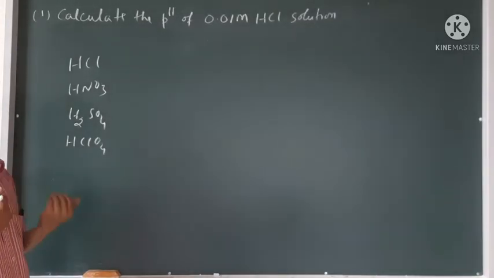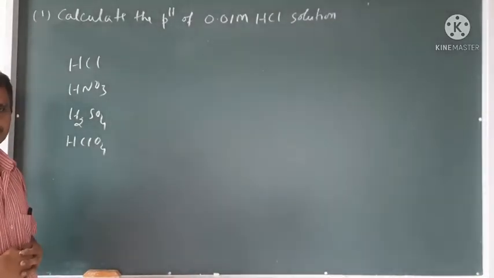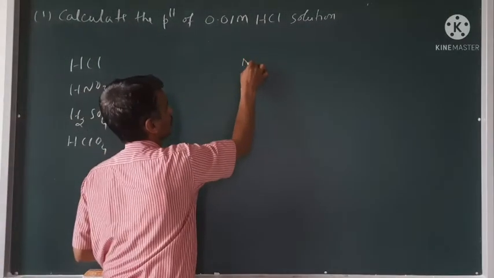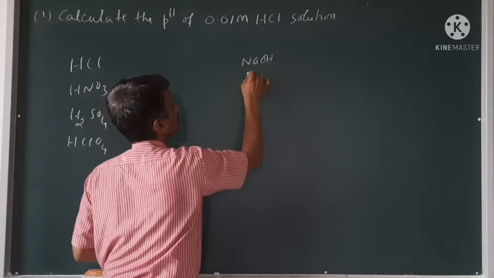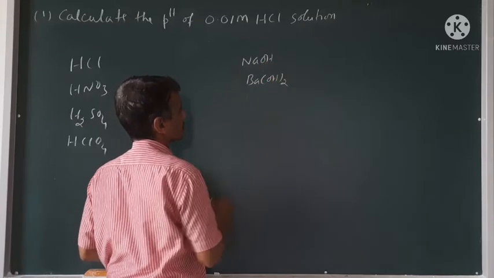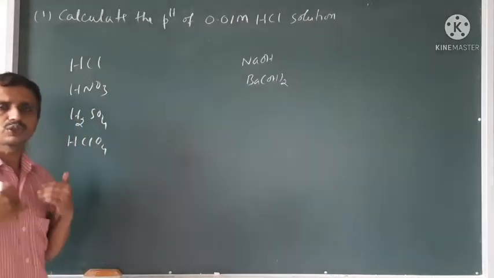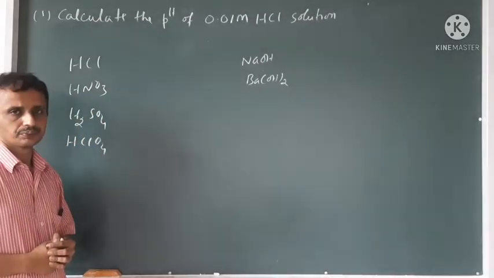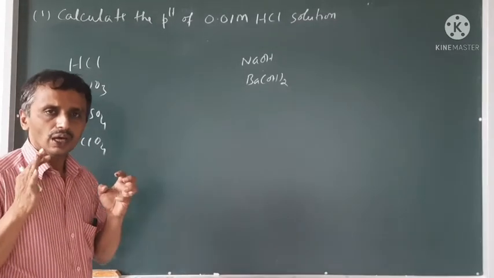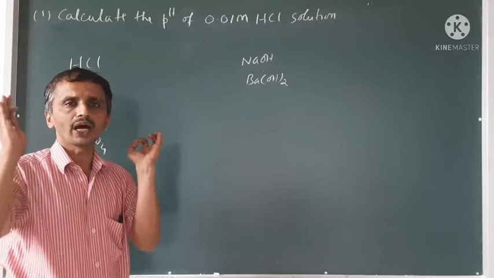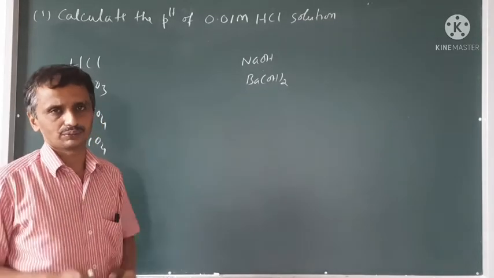These are strong acids. Then sodium hydroxide, barium hydroxide. These are all strong bases. Strong acids or strong bases almost 100% get ionized.